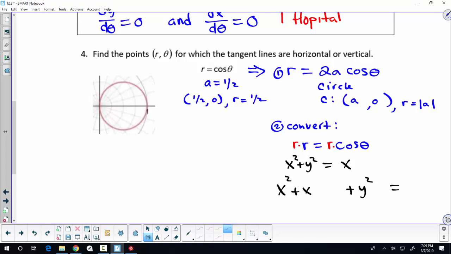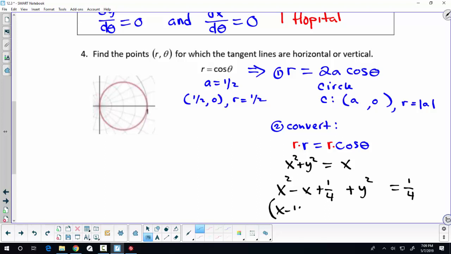Yeah, then you get to complete the square on x. So we take half of the coefficient. x squared minus x, half of the coefficient, so half of -1 is -1/2, squared. We add that to both sides.